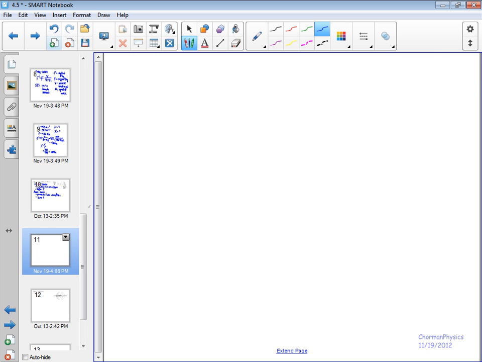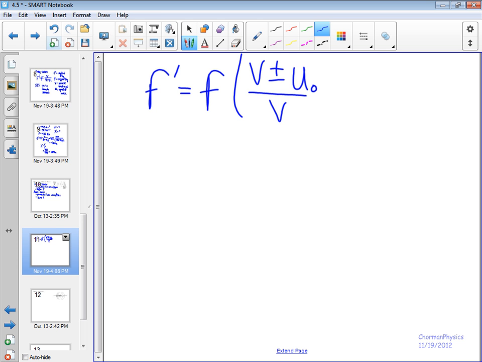So the equations that we have again, for this one equation, but with the plus or minus, makes it two equations. So again, the important thing to remember is that with a moving observer, you have a different wave speed that you're observing. That's the main idea, because you have the motion relative to the medium.